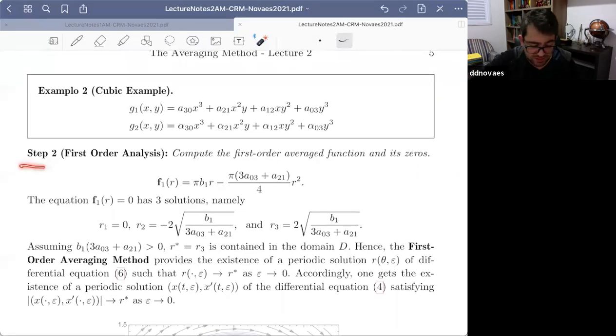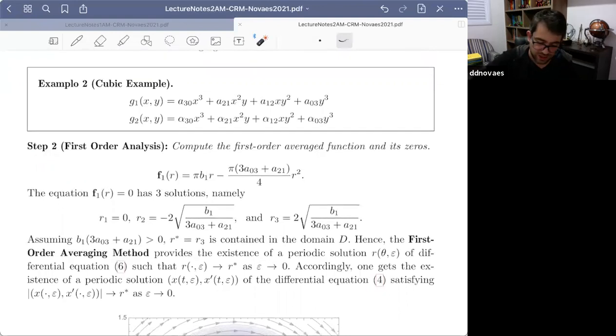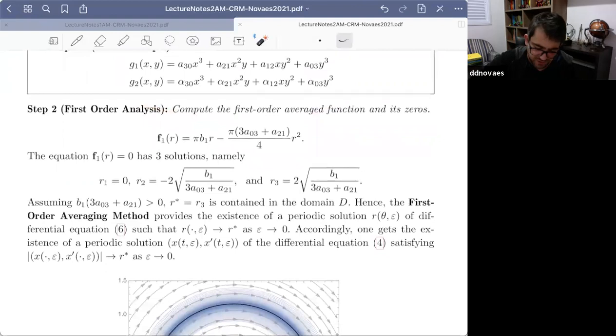The second step is to compute the first order average function and its zeros. In this case, when we have a cubic perturbation, the first order average function writes like this. Just substitute the functions and compute the integral.